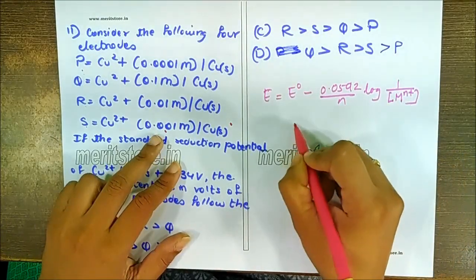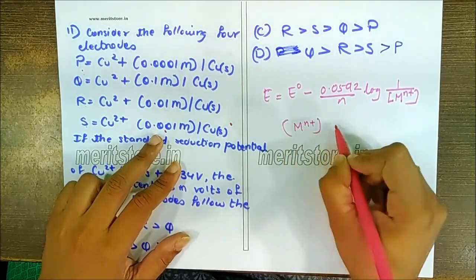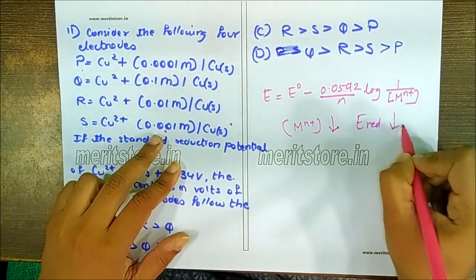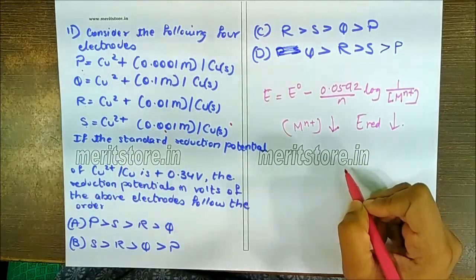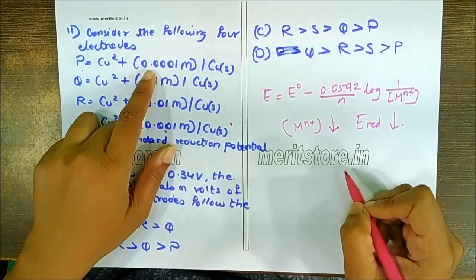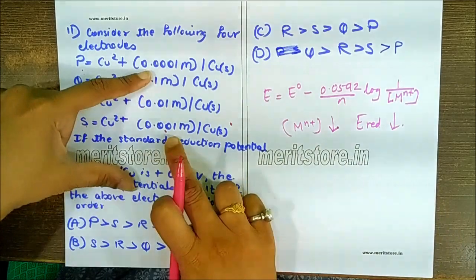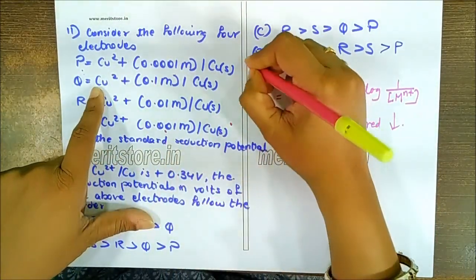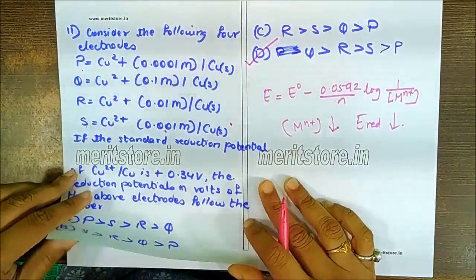Here, as the concentration of Mn+ decreases, the reduction potential will also decrease. The lowest concentration is with P, which will have the lowest reduction potential, then S, then R, and the highest will be for Q. Hence our option is D.